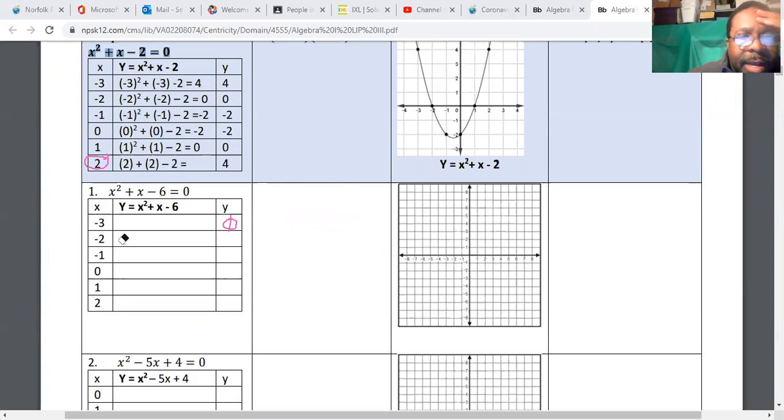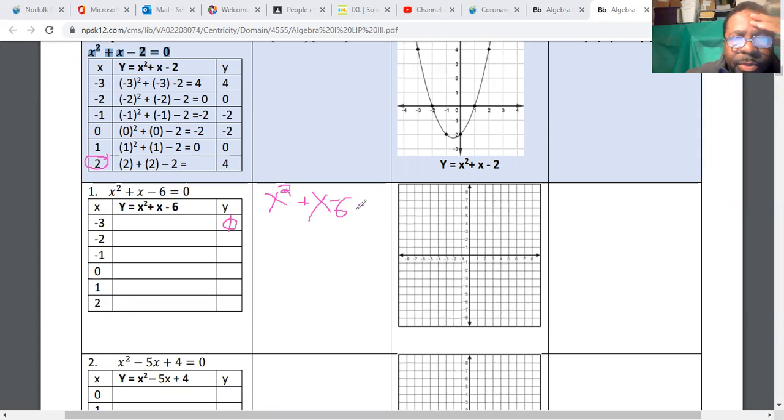All right, so now I'll write it again: x squared plus x minus 6.